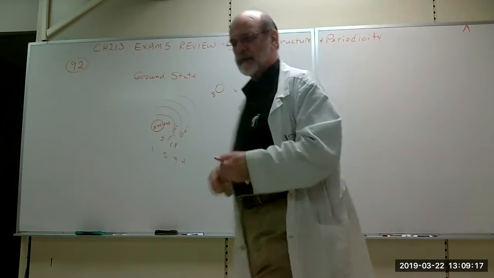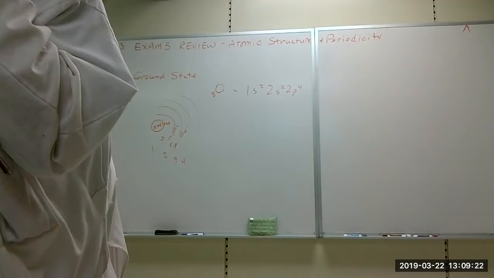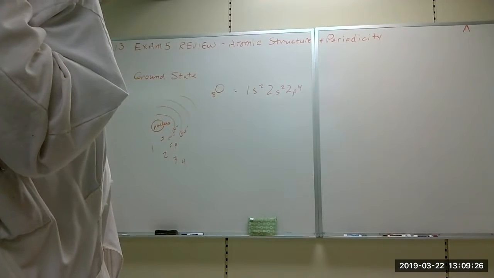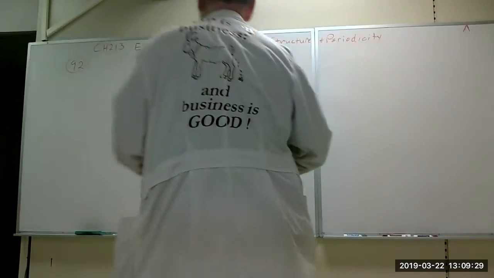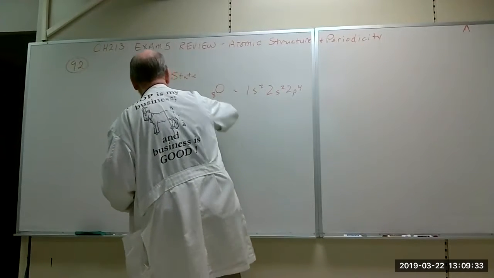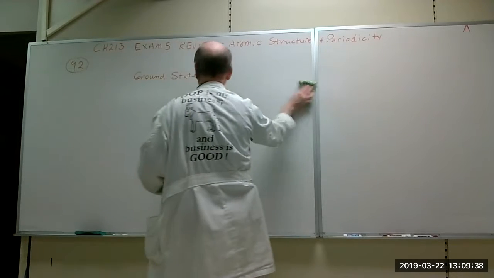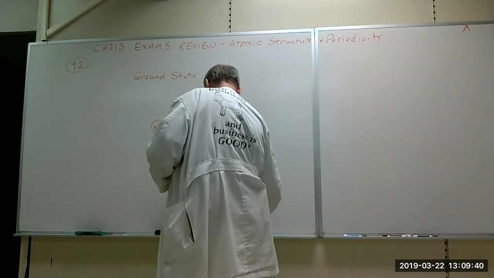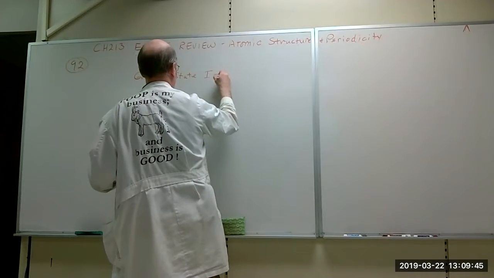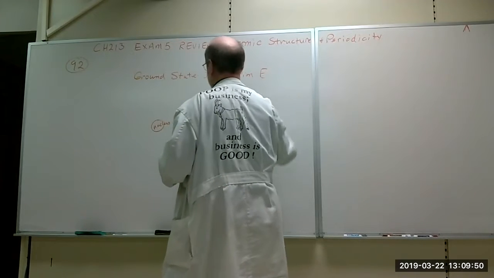So let's go back to the question. The energy of light emitted when a hydrogen electron goes from 2 to 1 is what fraction of its ground state ionization energy? Okay, ionization energy. So let's look at our hydrogen. Ground state ionization energy.